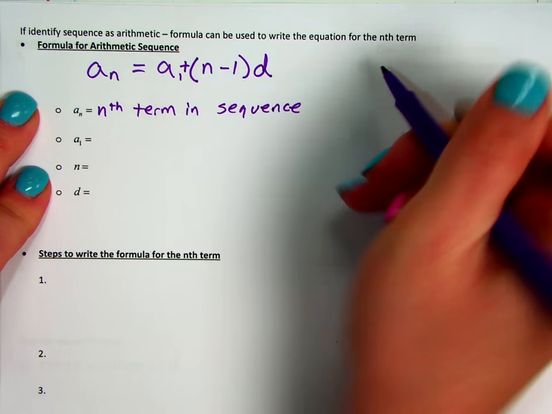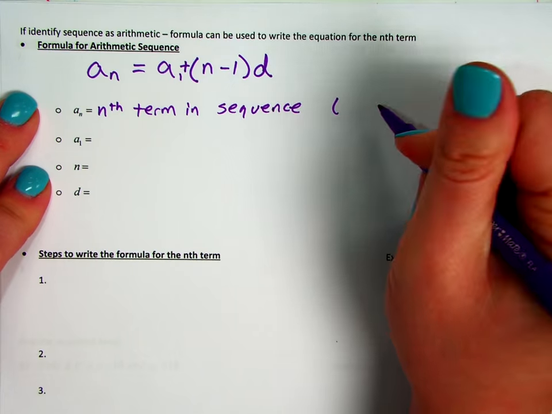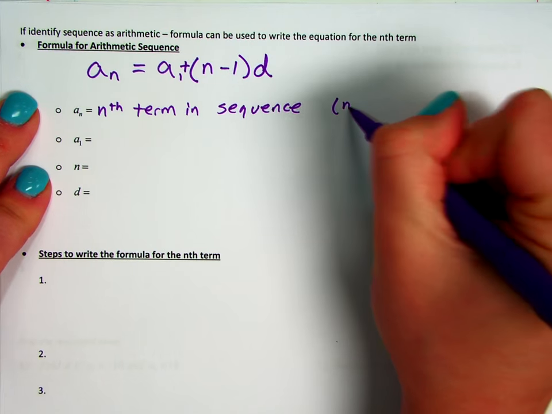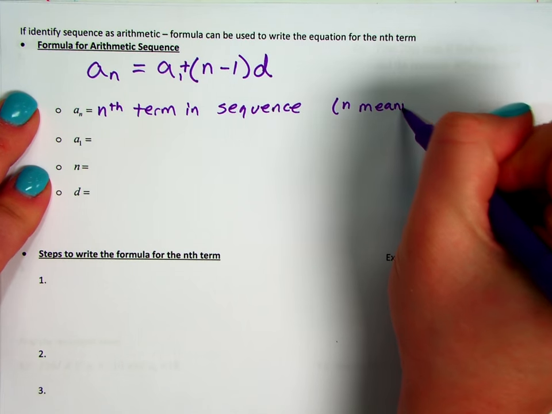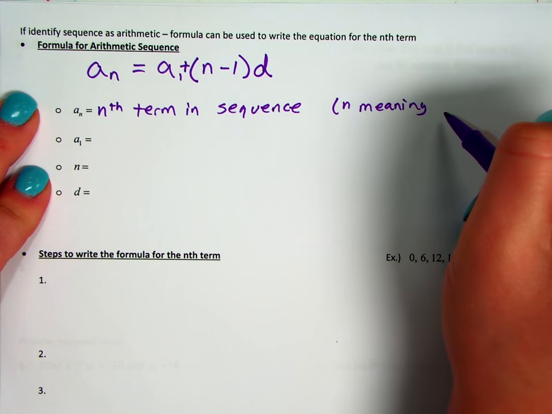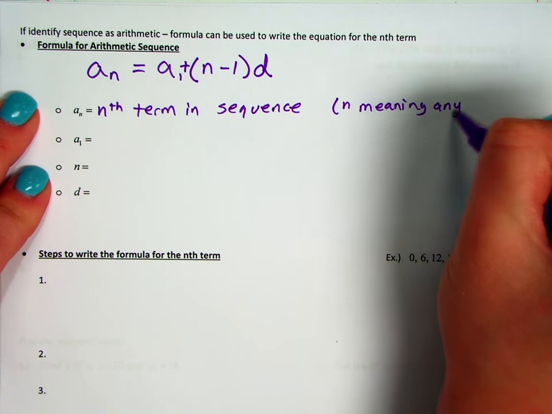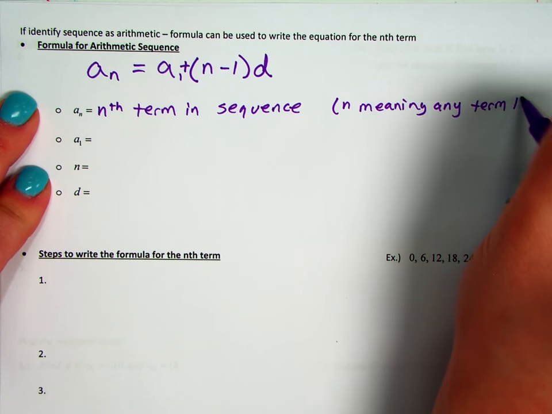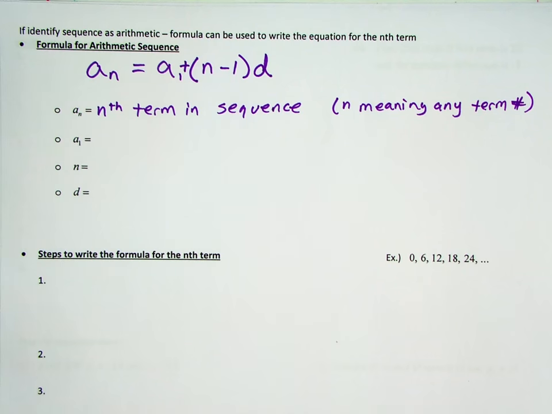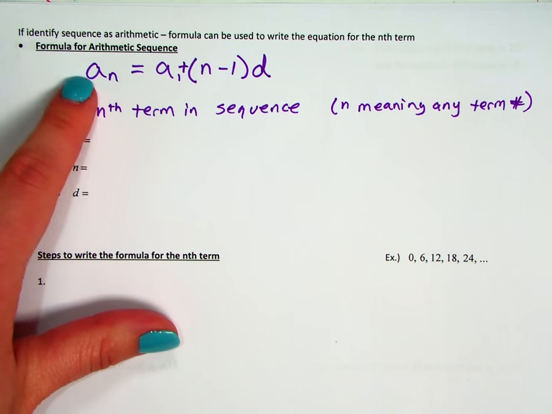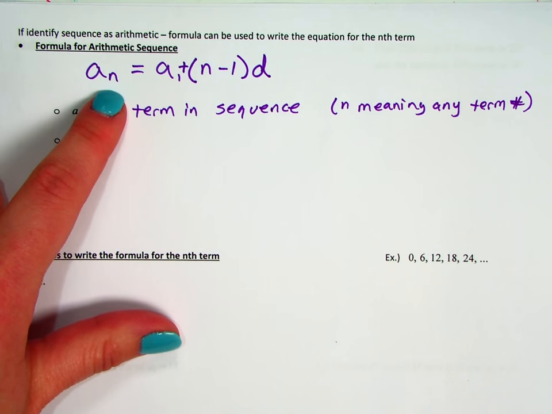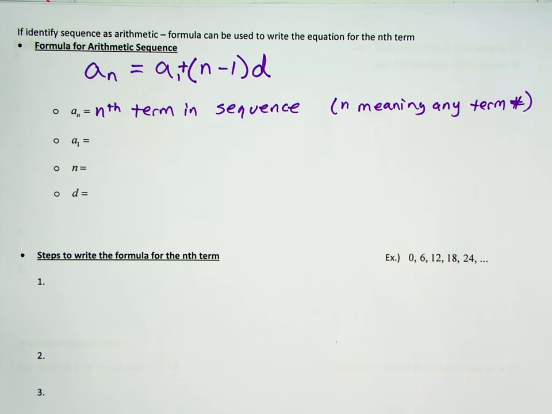What I mean by that is the n could be any term number. So this could mean the 4th term, the 5th term, the 20th term, the 80th term. If I put an 80 here, then it means the value of your 80th term.